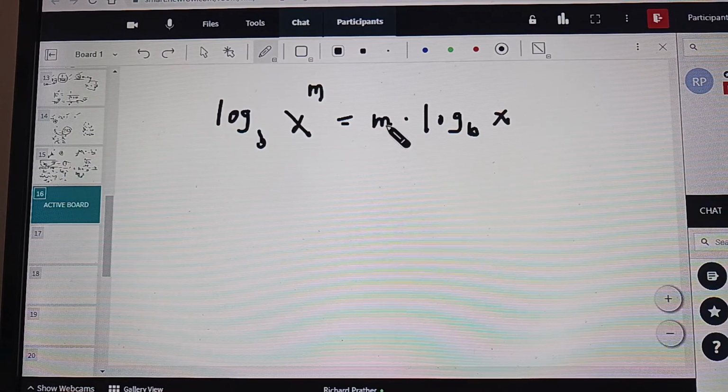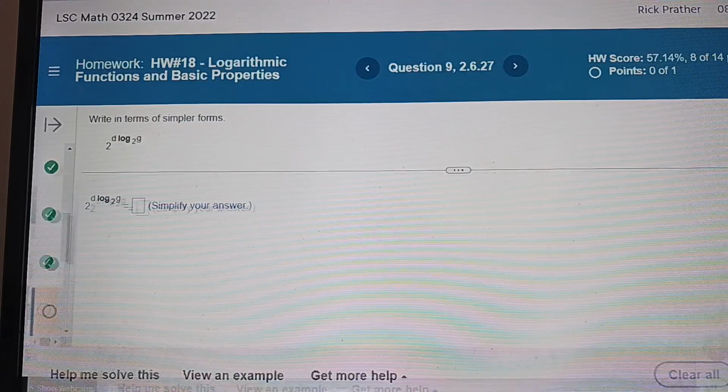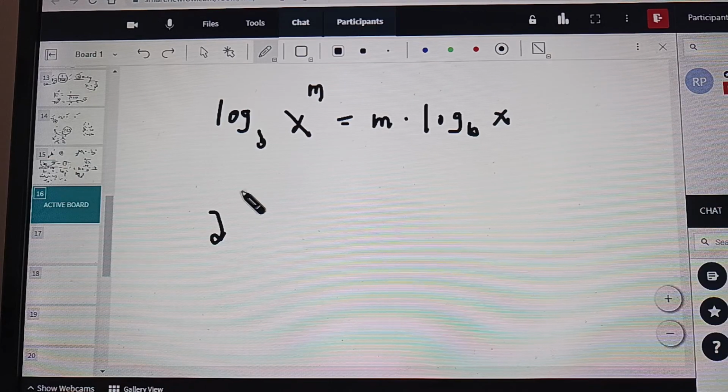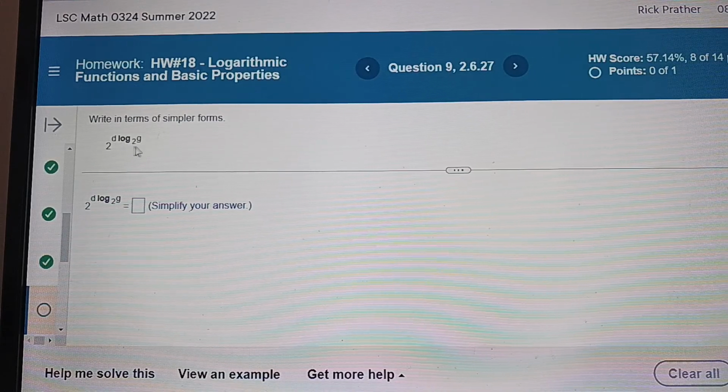Or if a number's in front, you can move it up as an exponent. So this goes both ways. Move it up as an exponent or move it down as a times. And what they gave me here is 2 to the d times log base 2 of g.